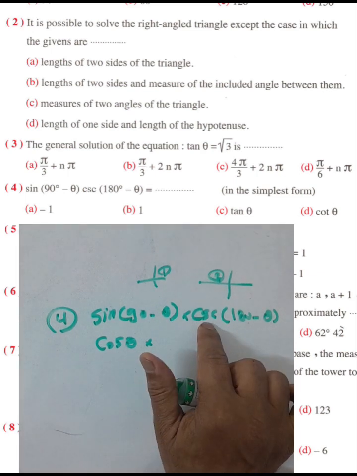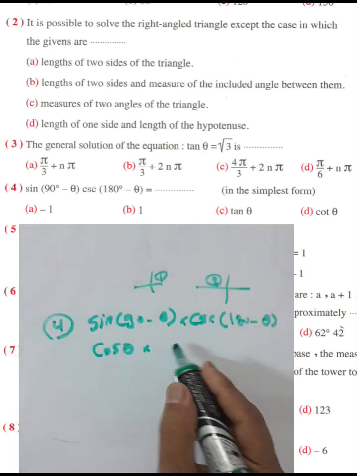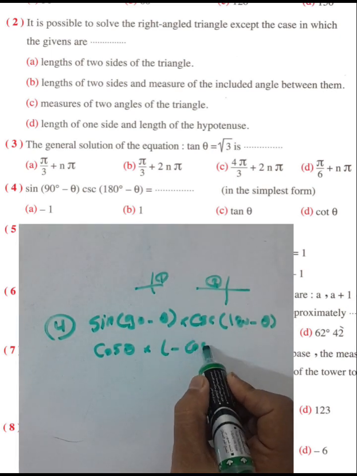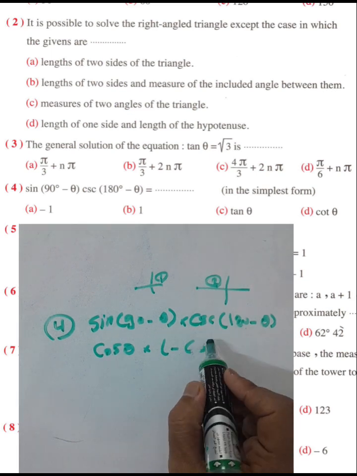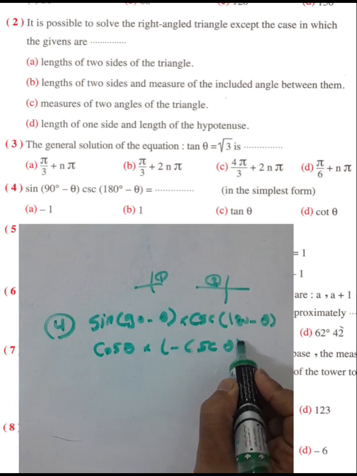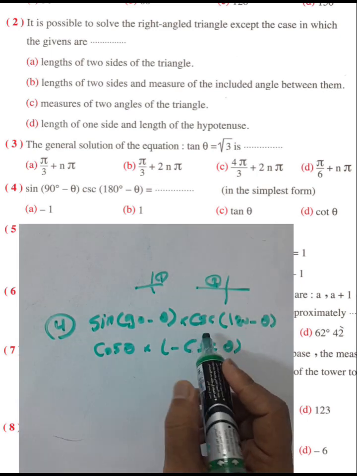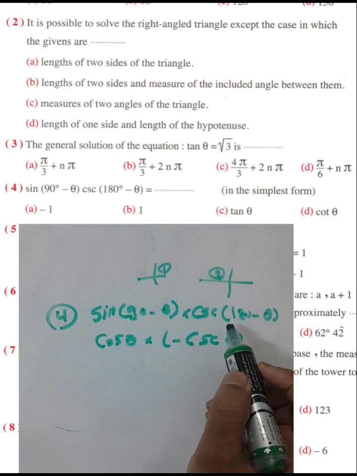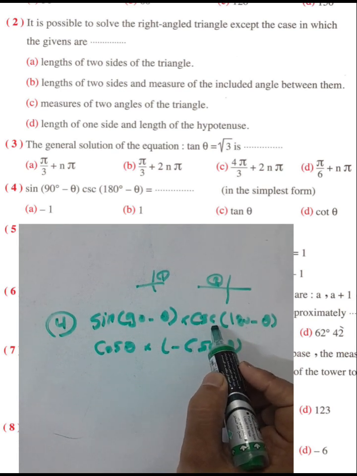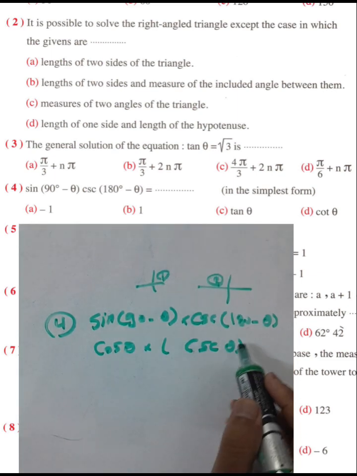Cosec is the inverse of sine, and sine in the second quadrant is positive.